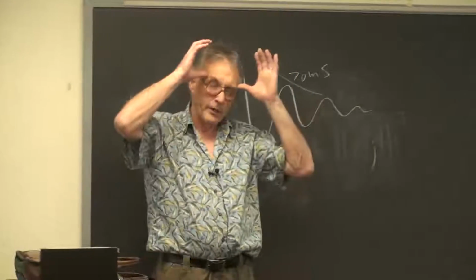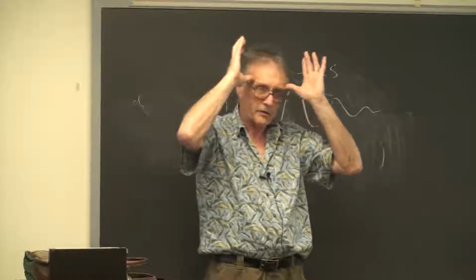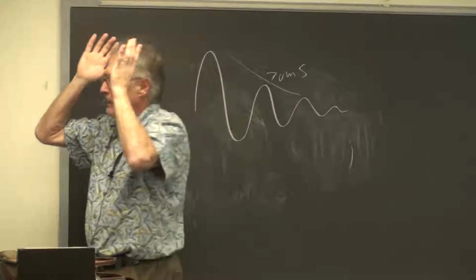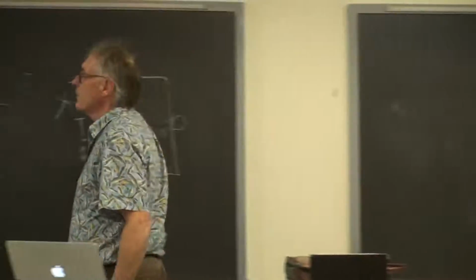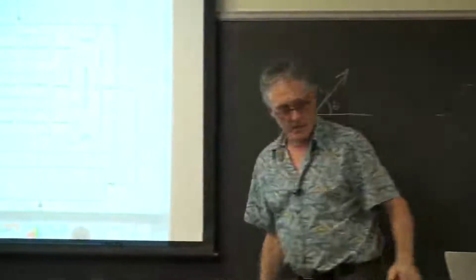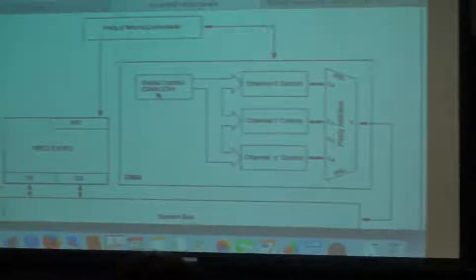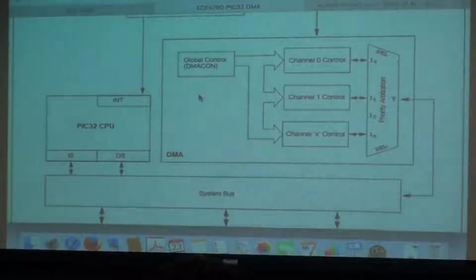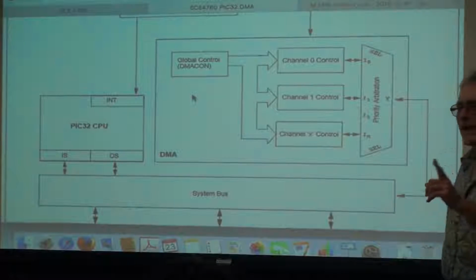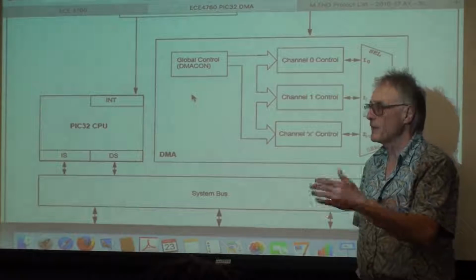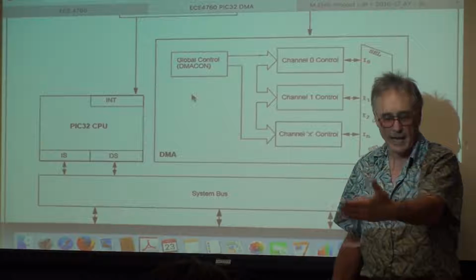And you say, well, how does this possibly work? How could you time this? And the interesting thing here is that the interrupt controller can generate flags for any hardware event for which there is an interrupt flag.